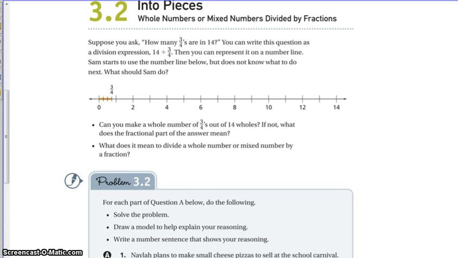The other way that we could continue doing this is by simply taking his line that he has that is equal to 3/4 and mimicking that over and over and over until we hit 14, and then we would get a fraction, a whole number, and a fraction for 3/4.